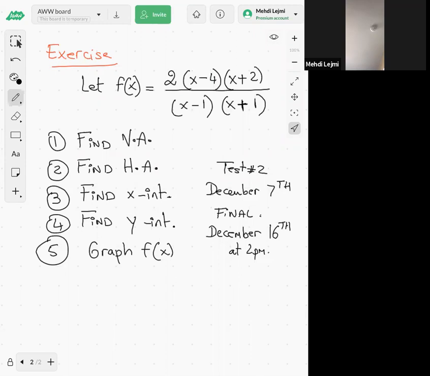The last day of classes is the 9th, but the final week starts, I think, Friday the 11th. The final week is the week after the last day of classes.